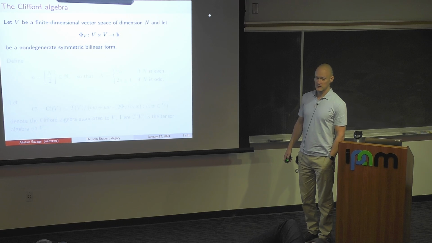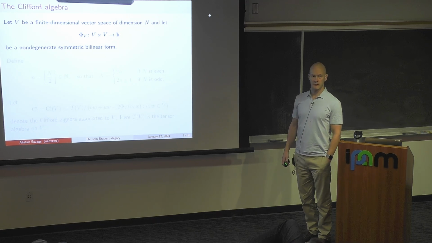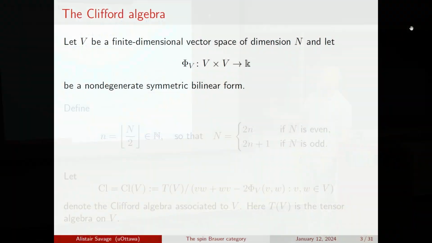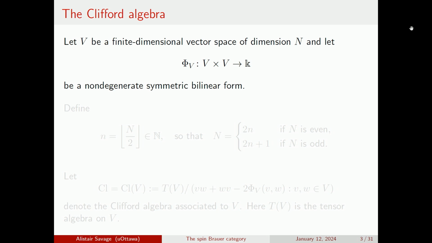So let's start off with the Clifford algebra, because everything is basically built out of the Clifford algebra. We'll fix some finite dimensional vector space, and we'll let big N be its dimension. Then we pick a non-degenerate symmetric bilinear form on this vector space.